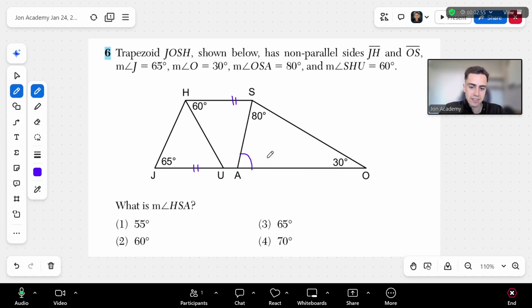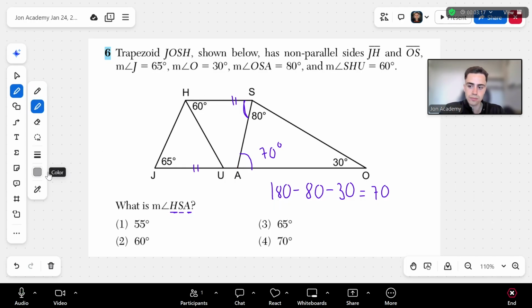So we can find this angle by doing 180 minus 80 minus 30. And that's going to be equal to 70 here already. And then we are asked to find angle HSA. That's going to be lying here. But what happens?